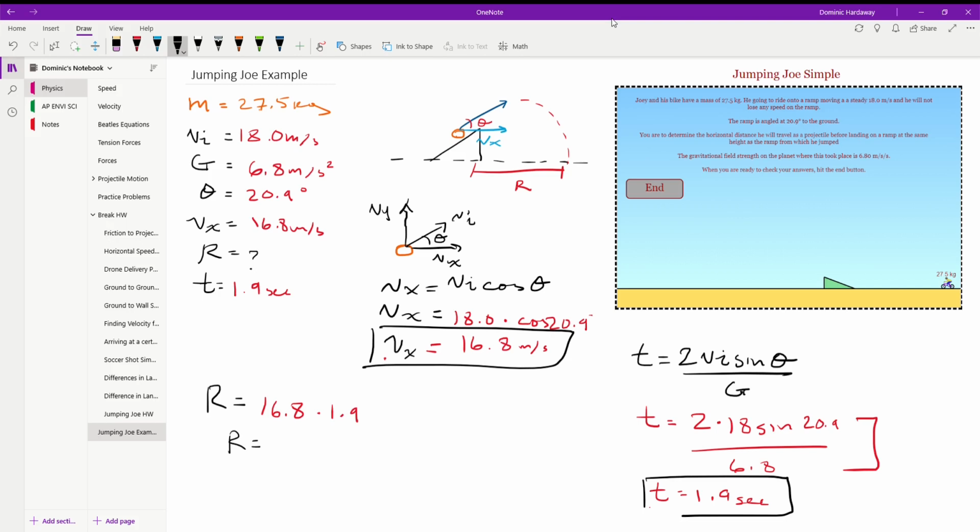And this is the easiest equation in this whole problem. And the range from our calculator we got was 31.92 meters. And box that answer up because it's our last one. Write it in if you feel like it.